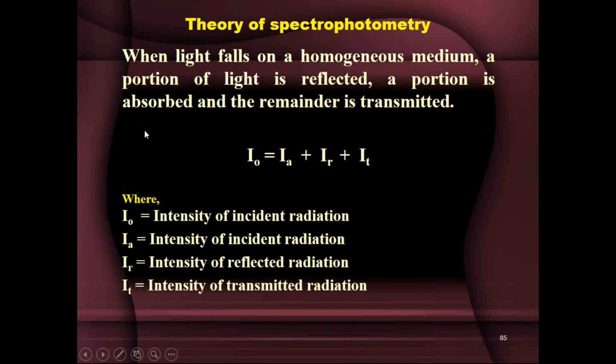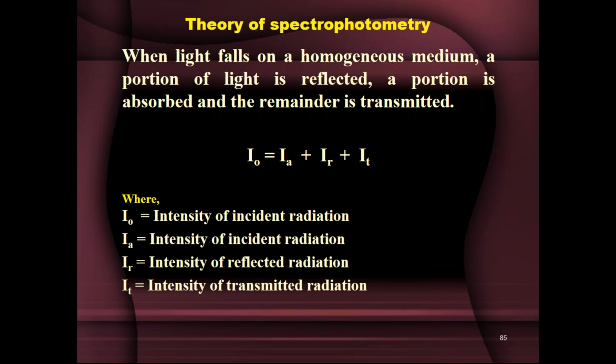So now we go into the theory of spectrophotometry. We have finished with most of the general topics. Now this will be more concerned with UV visible, so we will be going into it, but we're still in absorption spectroscopy. Most of them apply, but I will be mainly explaining with respect to UV visible radiation.